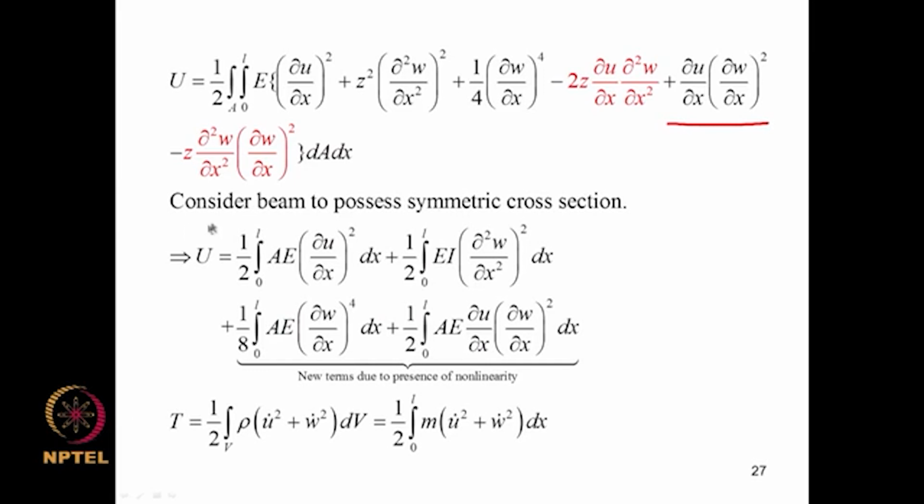Now, if we assume the beam to possess a symmetric cross section, the terms appearing in red here are not the nonlinear terms, but the terms which will go to 0 if you assume the beam section to be symmetric. If that happens, these two terms will go to 0 and I am left with u, which is this, and the second set of terms are the new terms due to the presence of nonlinearity. Kinetic energy is given by this.